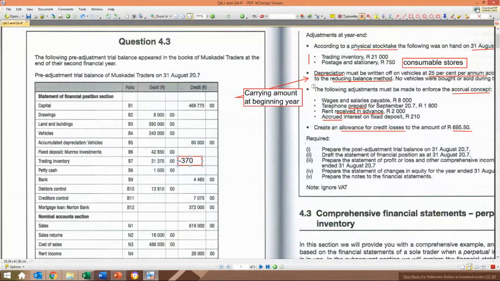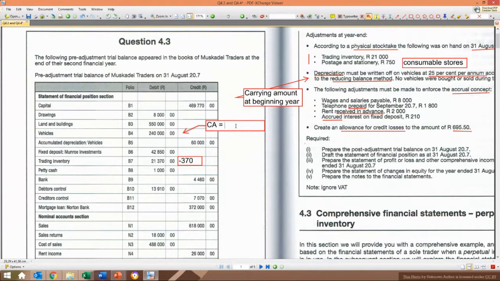Then the next item we have is depreciation, which must be written off on vehicles at 25% per annum using the reducing balance method. Now the carrying amount is made up of the cost and the accumulated depreciation.